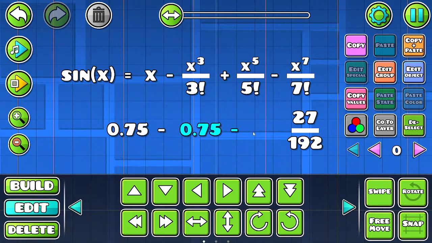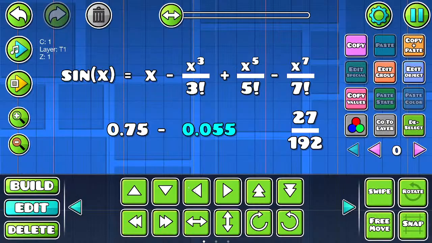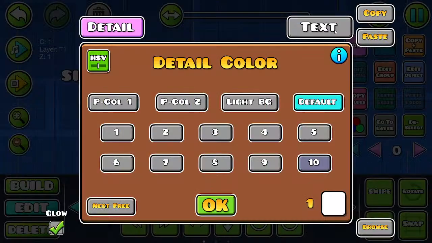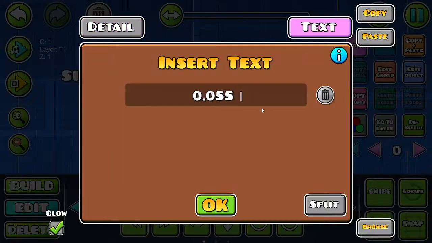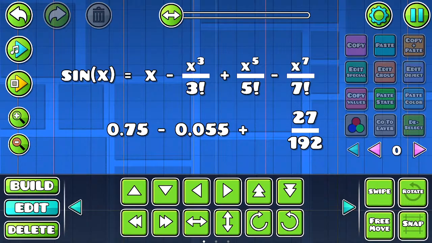It's not gonna lie, I am struggling hard. Yeah. 54. I'm gonna round it up to this number right here. I'm gonna say that 27 over 190 is this number. I might be wrong, but hopefully that's right.